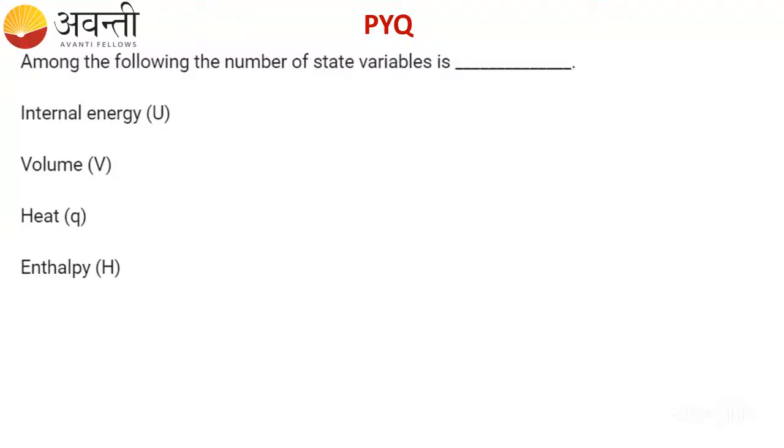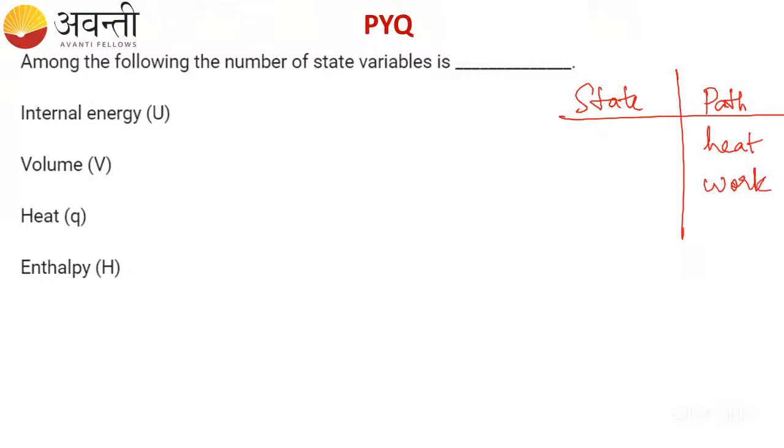While teaching in the class itself, I told you that only two functions are path functions, right? One is heat and the other one is work. Do you guys remember? Q and W. Except these two, all others fall under state functions.